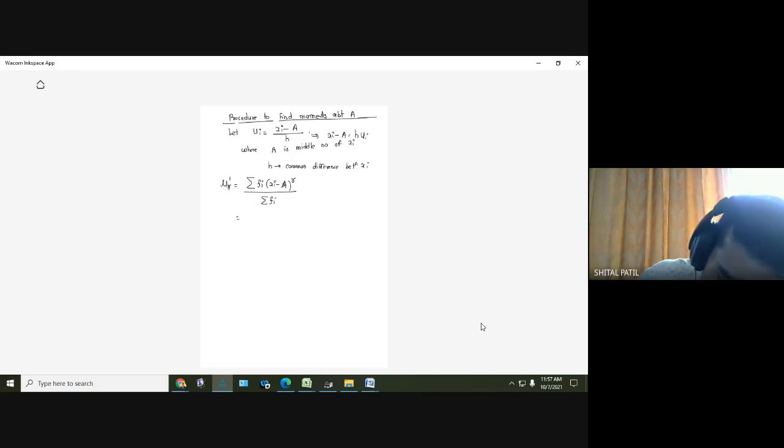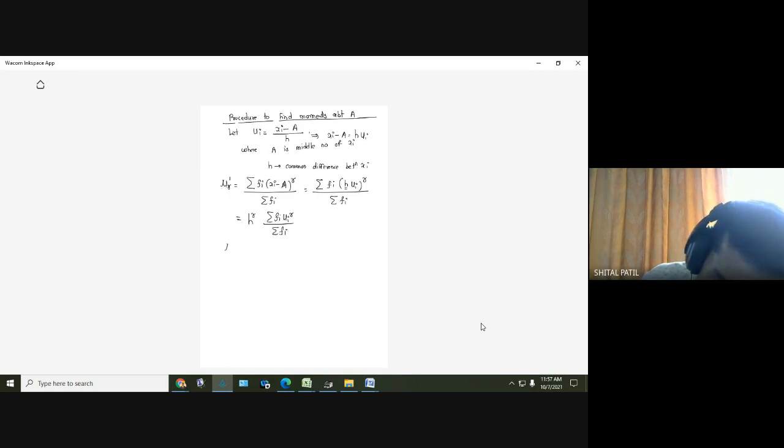So it will be like this: summation of fi h into ui raised to r divided by summation of fi. See, this h is constant. So in this way it is simplified.